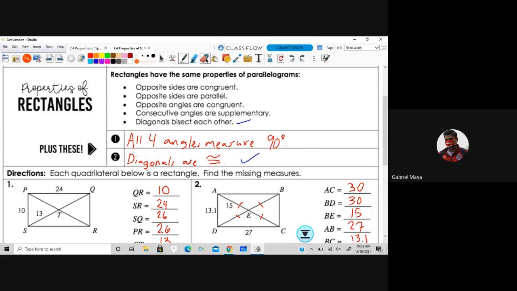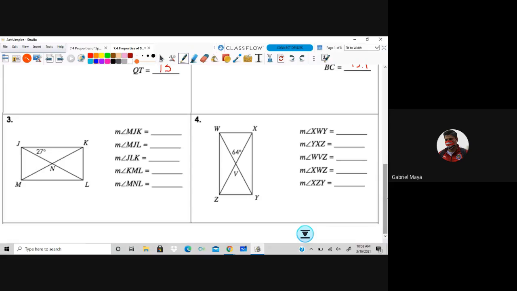I just don't like that you made that assumption, it could really hurt you. So it is a right angle, but all four angles measure 90 degrees. So remember that property. But you are correct. It is 90. So MJK is 90 degrees.